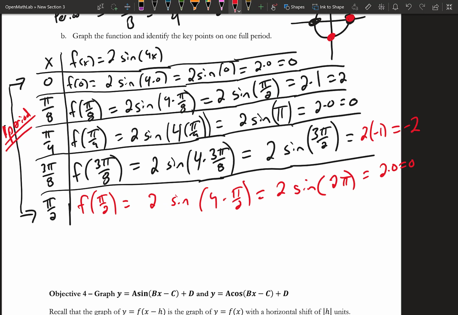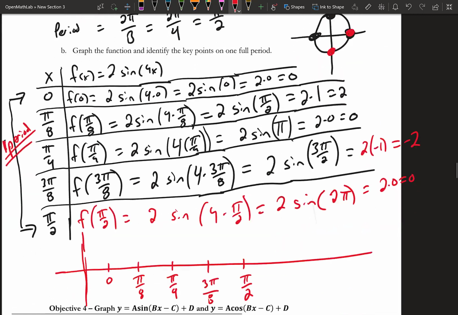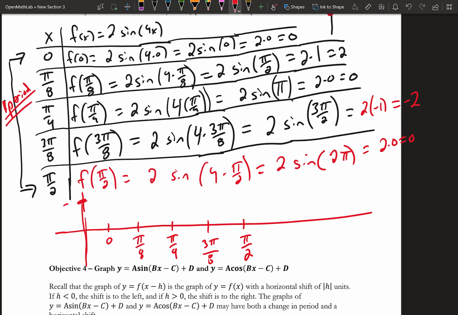All right, so if we want to begin to graph this, let me just fill in my x values: 0, pi over 8, pi over 4, 3 pi over 8, pi over 2. And then along the y-axis, my amplitude was 2, so we just need between -2 and +2, excuse me. And then we can plot my points, so we have the point 0, 0.